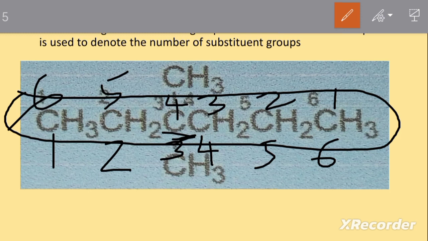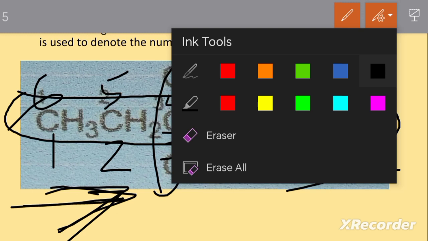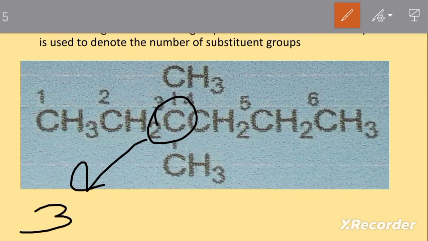Right? So here this carbon atom gets the lowest possible number when I number it in this way. This carbon atom gets the number 3 when I number it in this direction.